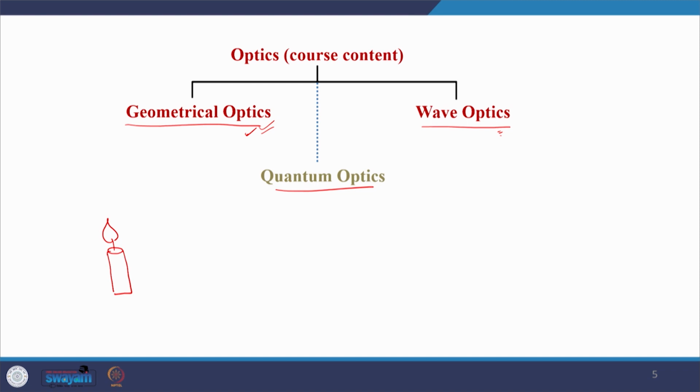The first method is geometrical optics, and in geometrical optics, if you want to understand the emission of light from the candle, then just draw these rays. The emission of light from the candle can be understood through this ray picture: there is a candle and the candle is emitting light rays. Such a description falls in the category of geometrical optics.